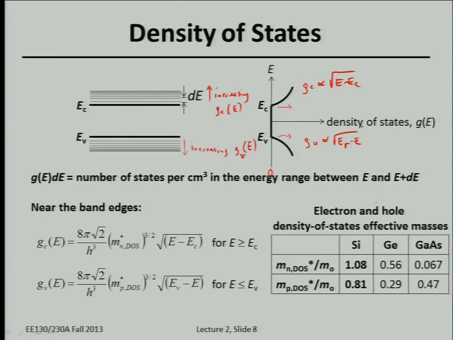First of all, for this class, use these values of effective mass for the purpose of calculating the density of states. That's why this is subscript DOS. And this m naught is the standard free electron rest mass, which is about 9.1 times 10 to the minus 31 kilograms.